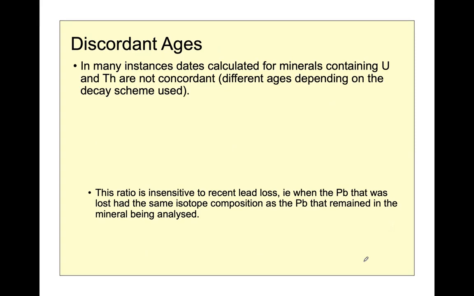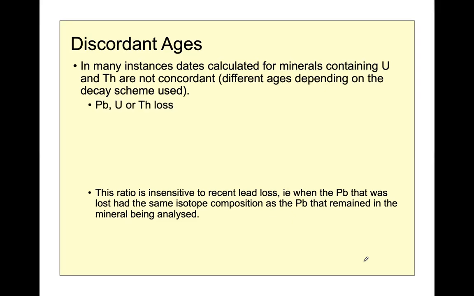So in that case, you can say that the ages are discordant. This can be due to some kind of breaking of our assumptions that we mentioned before, right? At least one or a few assumptions could have been broken during this process.